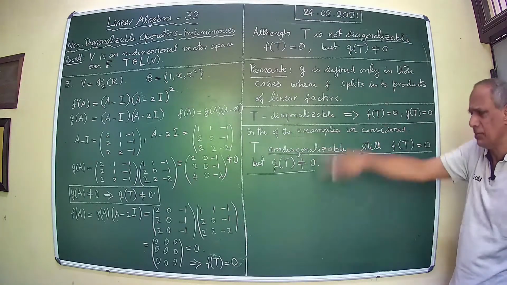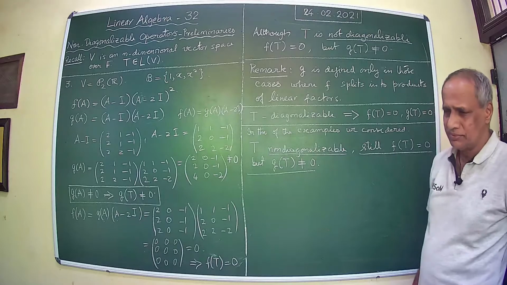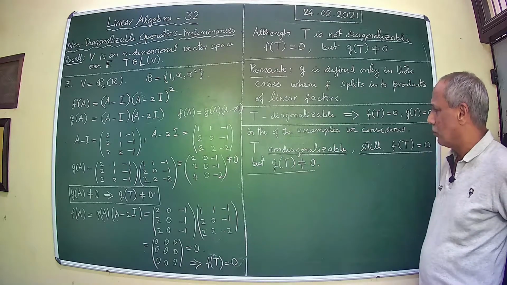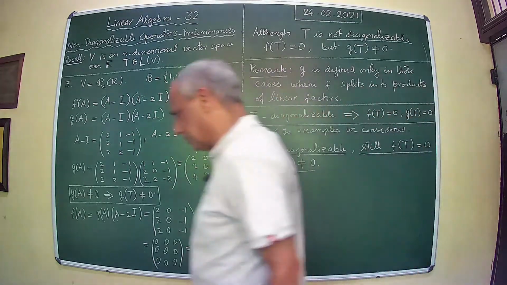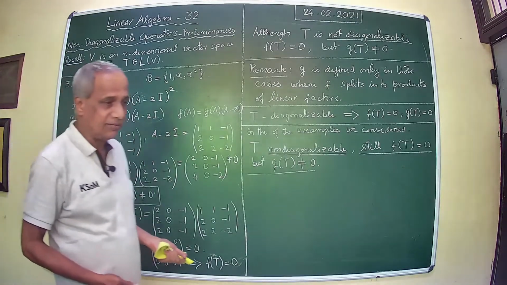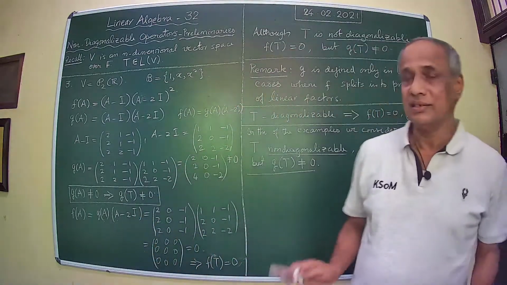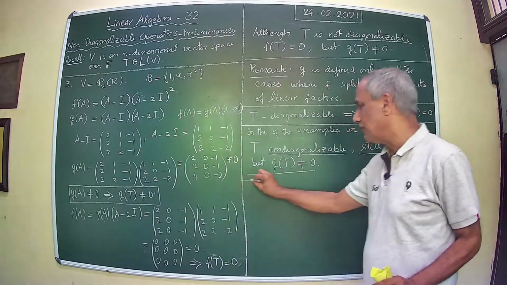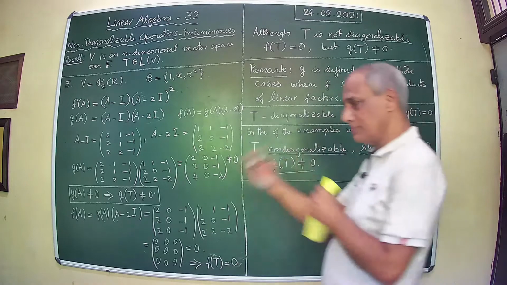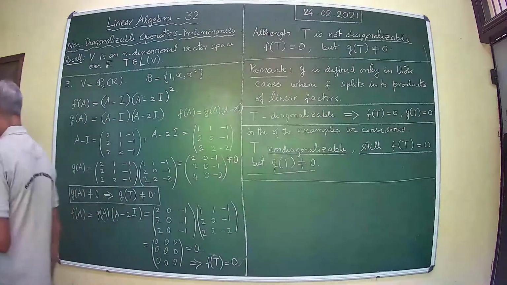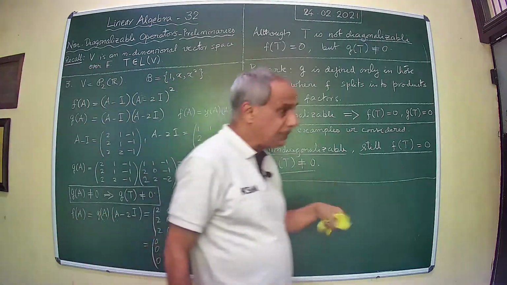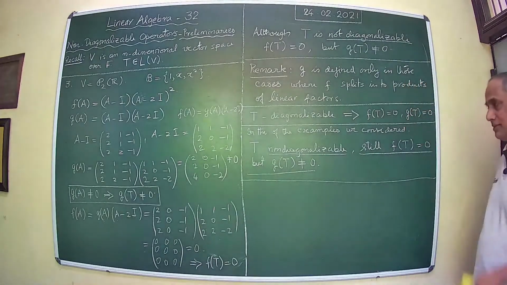In all the cases, we found that f of t equal to 0. But in the non-diagonalizable case, we conspicuously observe that g, if it is defined, g of t may not be 0. Now these are the observations that we make. And these observations later we will make use of in getting some clue or some cue to how we should develop a general theory.